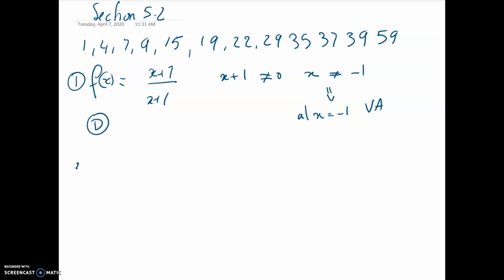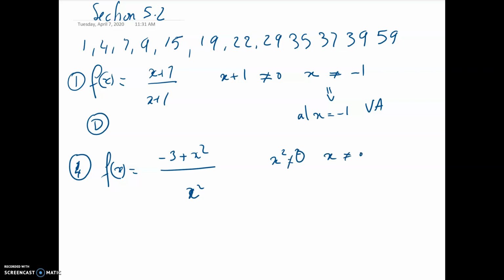Problem number 4. On problem number 4, we have f of x equals negative 3 plus x squared, over x squared. What could we do? The first thing is, again, we study the denominator: x squared cannot be equal to 0, so x cannot be equal to 0.